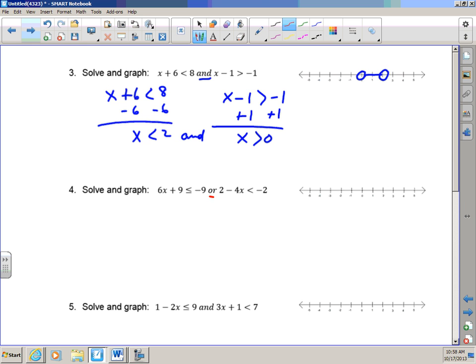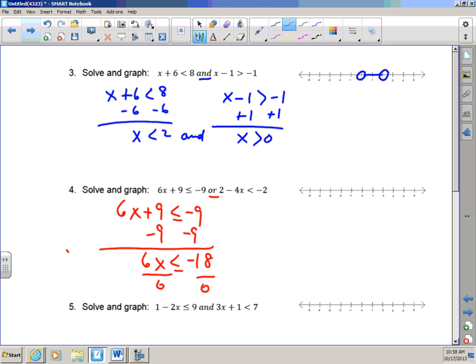Okay. Next one is or. Again, you're just solving two separate inequalities. If you don't remember, look back at your inequality video.